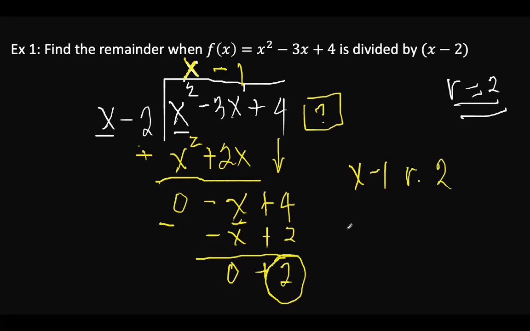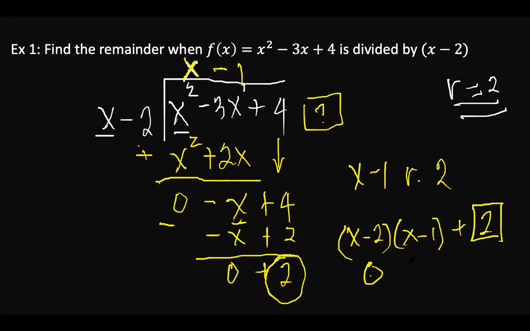Or magiging siyang x minus 2 times x minus 1 plus 2. Ito yung magiging remainder natin. Sabi nga natin, x minus 2 times q of x, ito yung quotient natin, di ba?